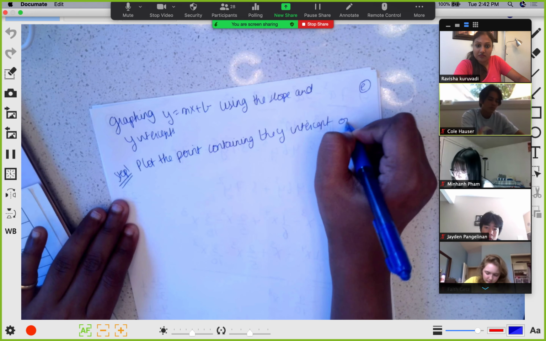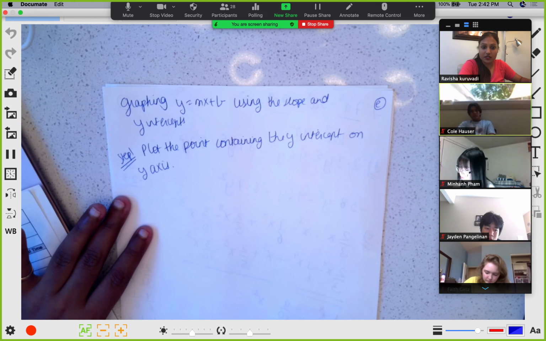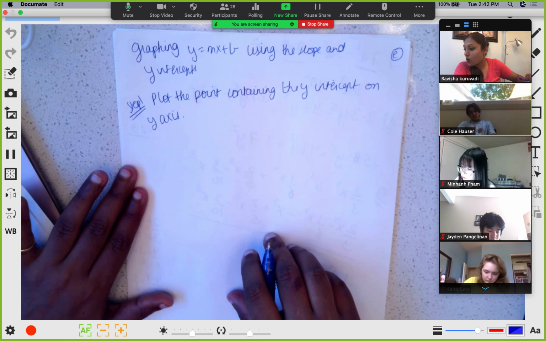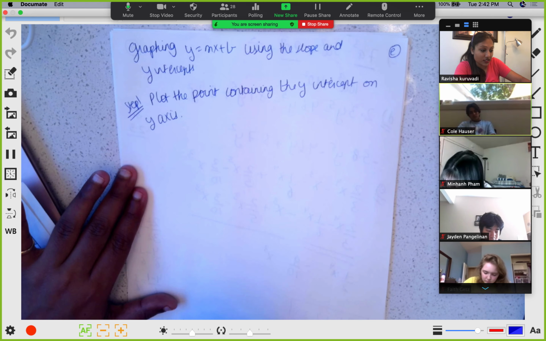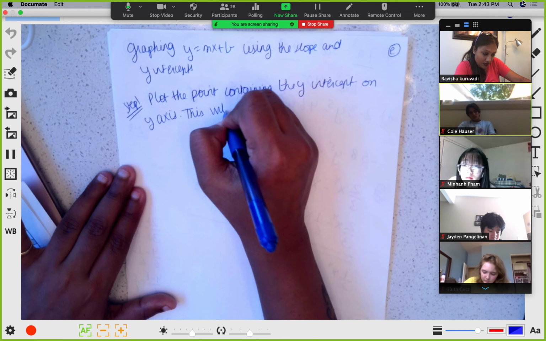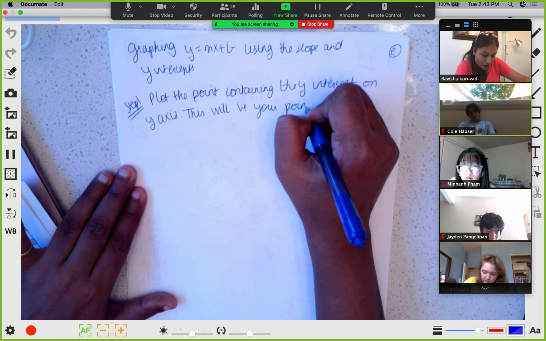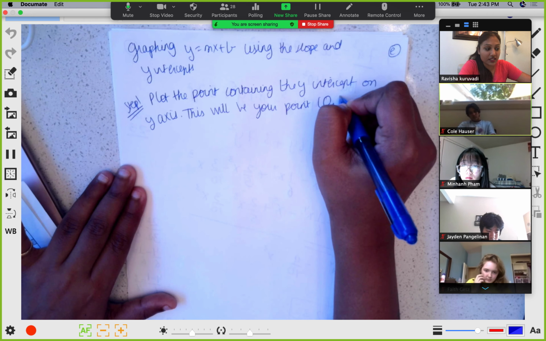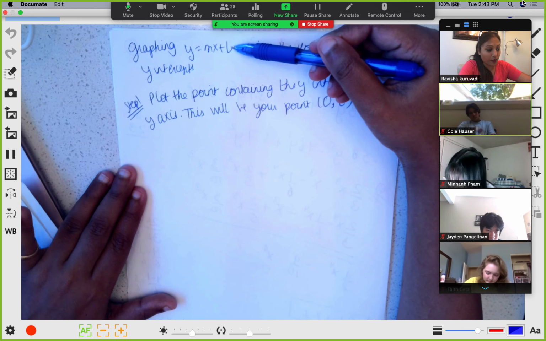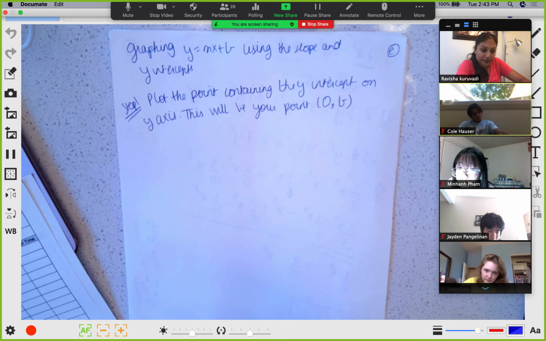So basically you mark your y-intercept first. This will be your point 0 comma b. Whatever b is, the point 0 comma b will be your y-intercept. Your first step is to mark that point.